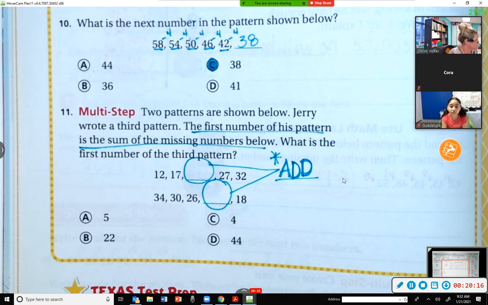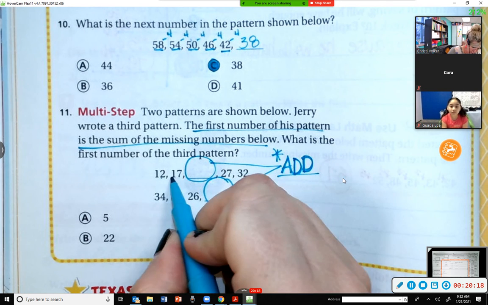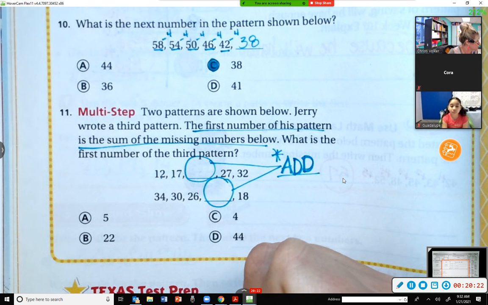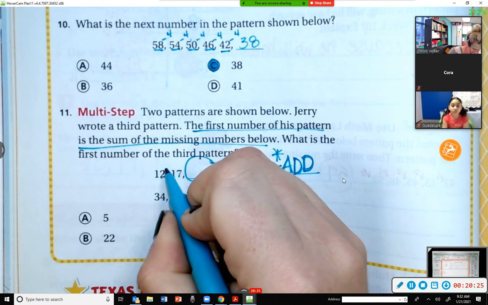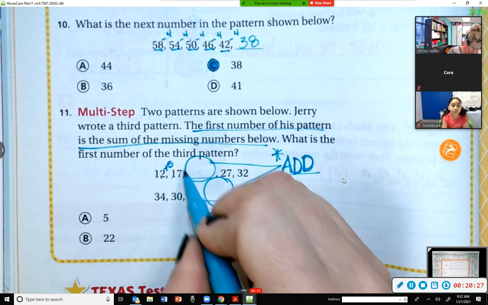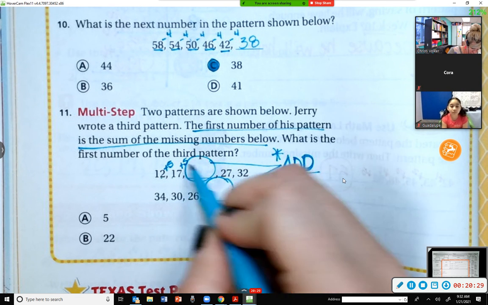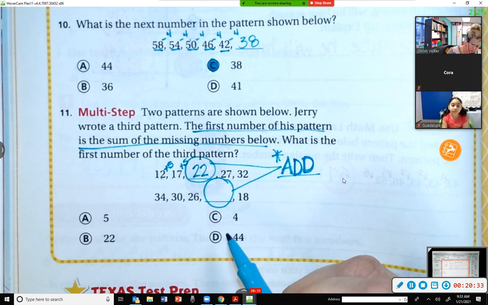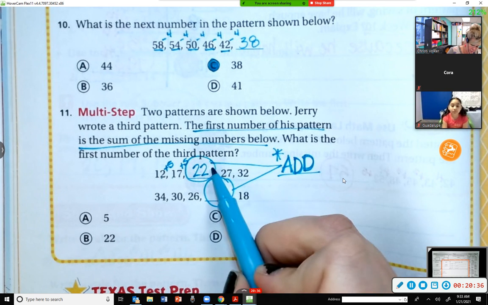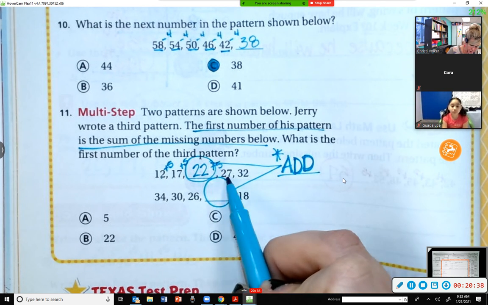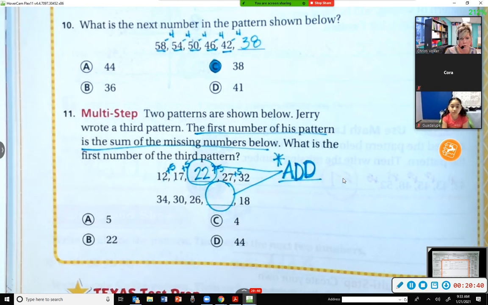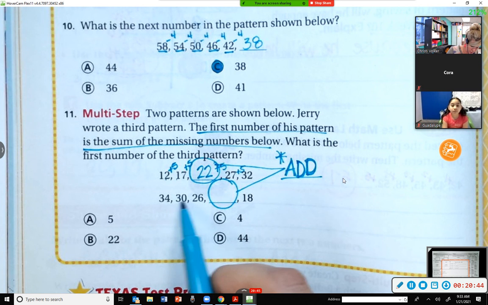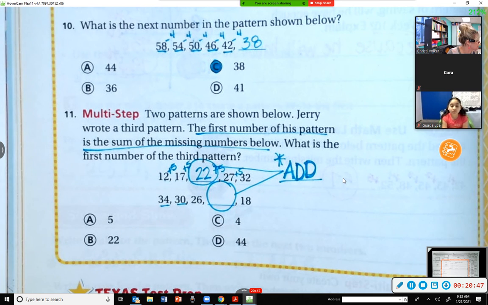Okay, so first let's find what those missing numbers are. 12 to 17. What is happening? Jamea? Adding 5. Good. So 17 plus 5 would be 22. Okay, and then make sure it's doing that for every number, and it is adding 5 for the whole pattern. Okay, we go down here, it's doing what to get from 34 to 30? Subtracting.